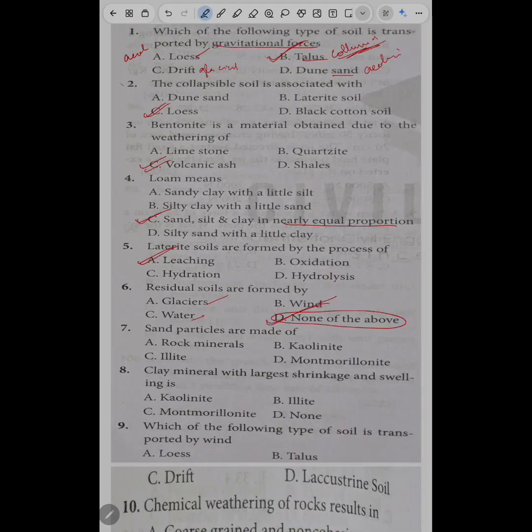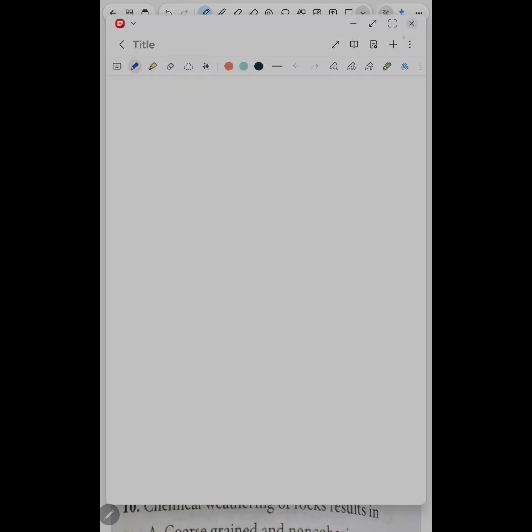Seventh question. Sand particles are made of. We have to study rock minerals and clay minerals. We can see rock minerals in rocks, and the rock minerals are quartz, mica, and feldspar.